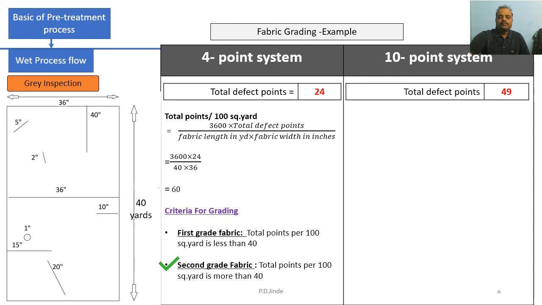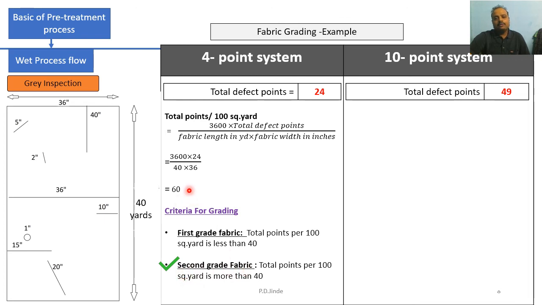Very simple. Initially we count these defects, give penalty points, multiply those and calculate the total defect points. Once we calculate the total defect points, we just plug them into our formula, and it gives you 60. And is this 60 less than 40 or greater than 40? It is greater than 40. So the greater than 40 criteria means second grade fabric.